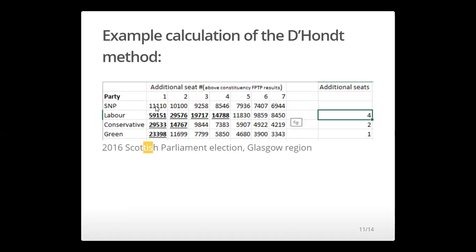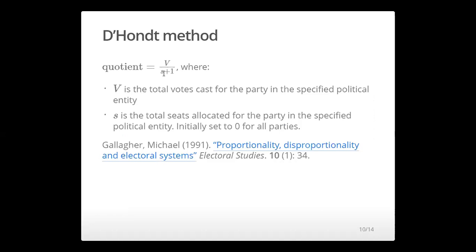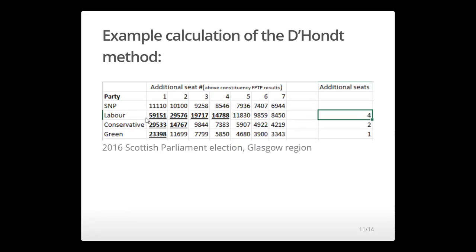So basically, if we go back to the formula, their quotient begins with their vote share divided by 10 for the SNP, whereas all the other parties begin with the vote count divided by 1, because they didn't get any constituency seats that time around.